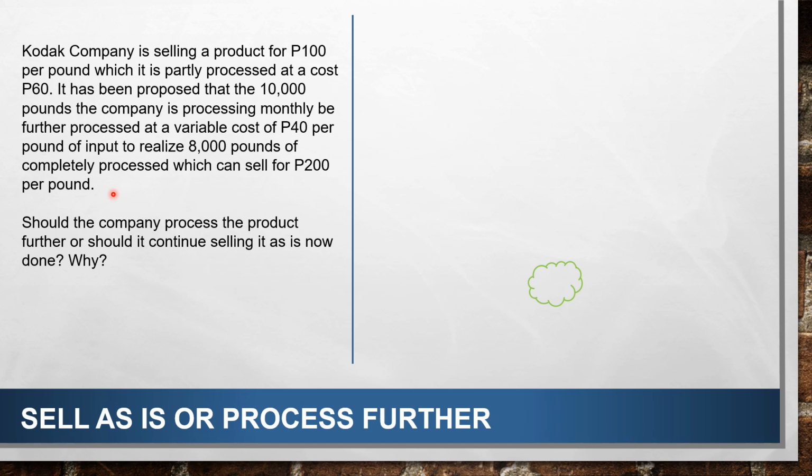So the current is 10,000 partly processed product selling at 100. So the proposal is to further process the 10,000 pounds and produce 8,000 pounds of completely processed which can sell at 200 per pound. Okay, so those are the important details of this problem. So let's solve.